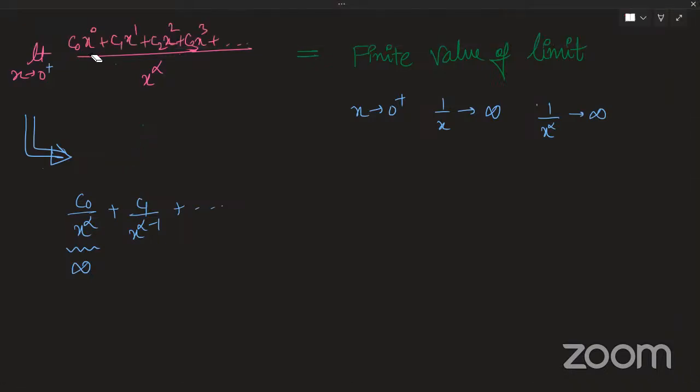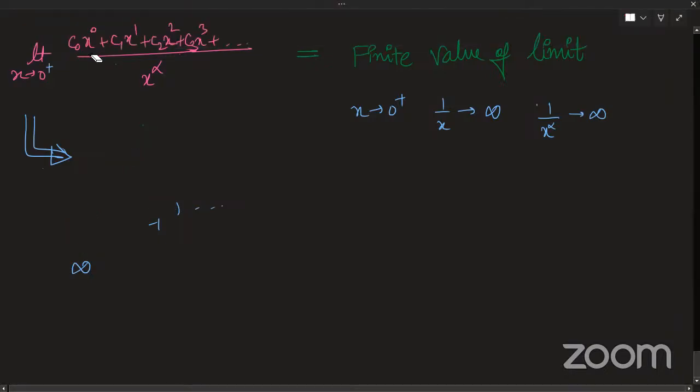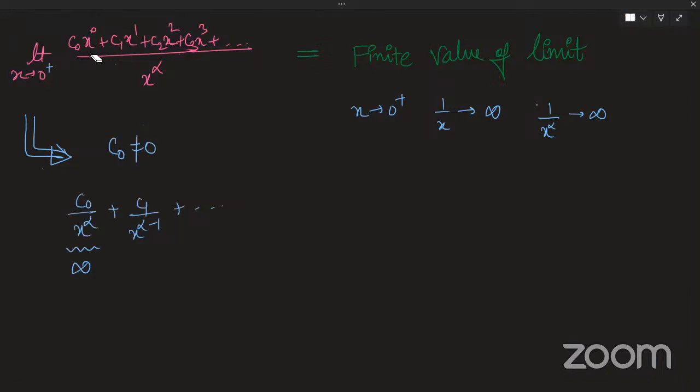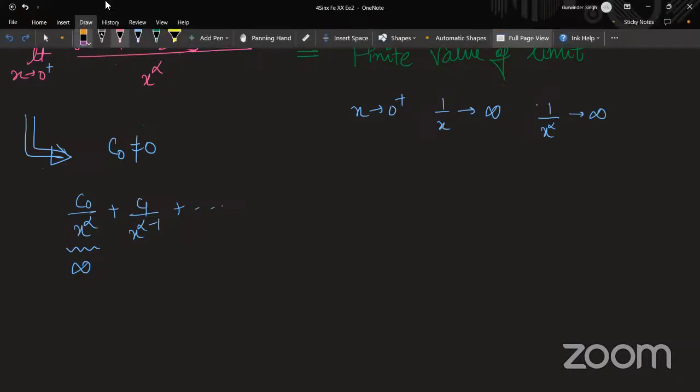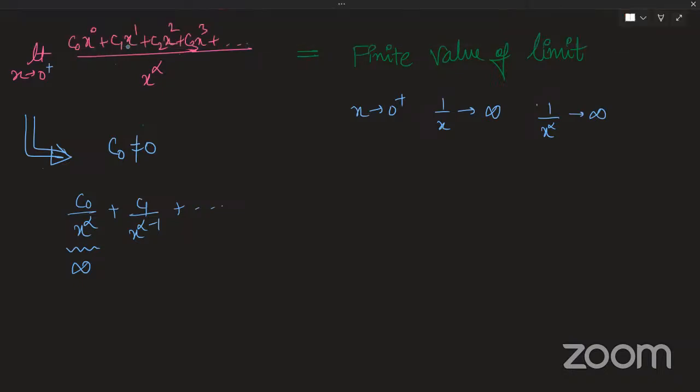So this is your homework for today: to think what I can infer from this thing. If I get a polynomial like this, and it is given that the value of the limit is finite, what can I interpret? Obviously you can interpret that your C naught can't be equal to 0.